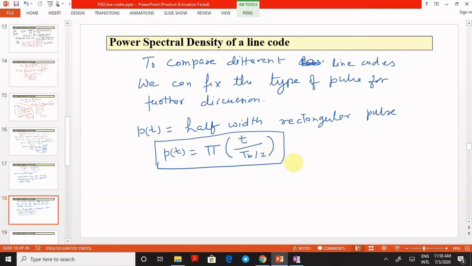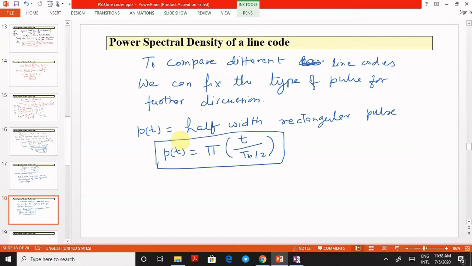And ultimately for our power spectral density calculation, we have to calculate the value of P(f). So for the calculation of P(f), what should we do? We should take the Fourier transform of pulse p(t), so that we can get the value of P(f).